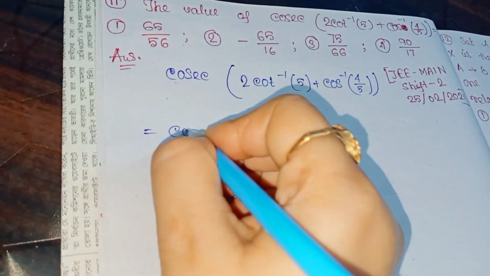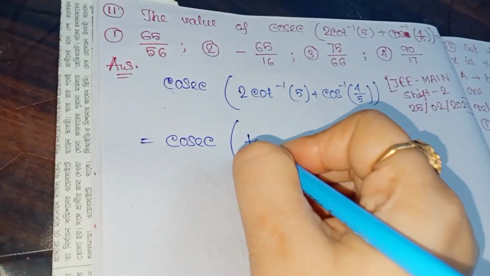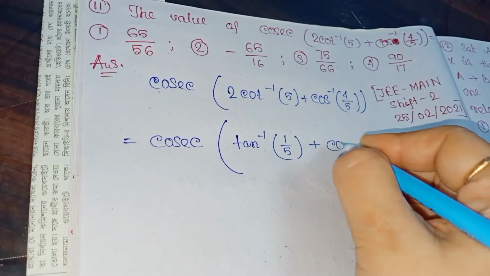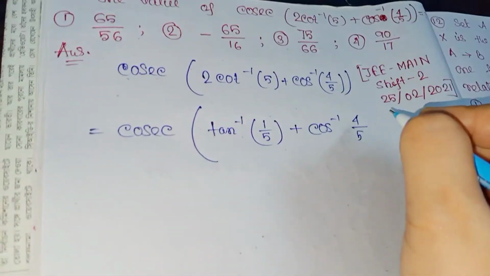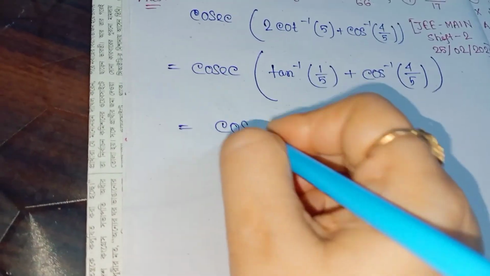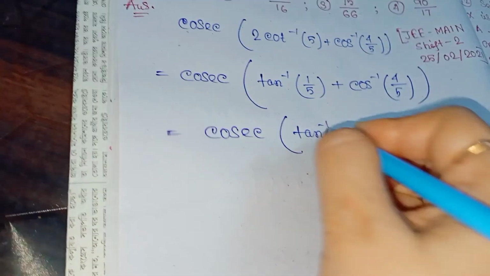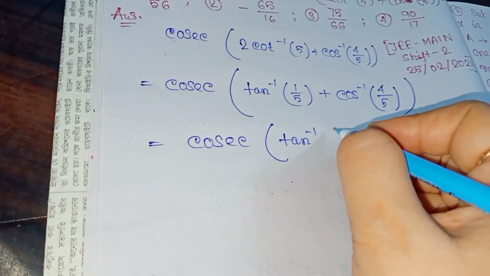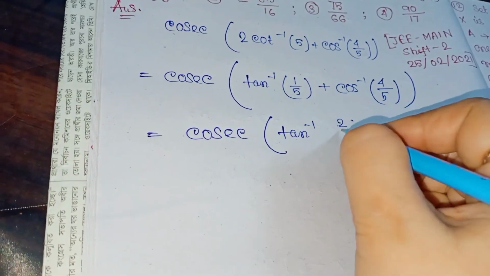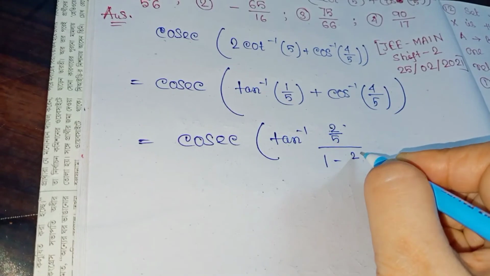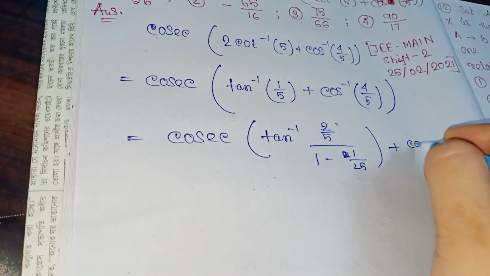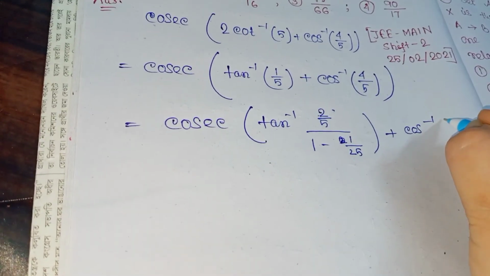That is equal to cosec of 2 tan inverse 1 by 5 plus cos inverse 4 by 5, which is cosec of tan inverse of 2 by 5 divided by 1 minus 1 by 25, plus cos inverse 4 by 5.